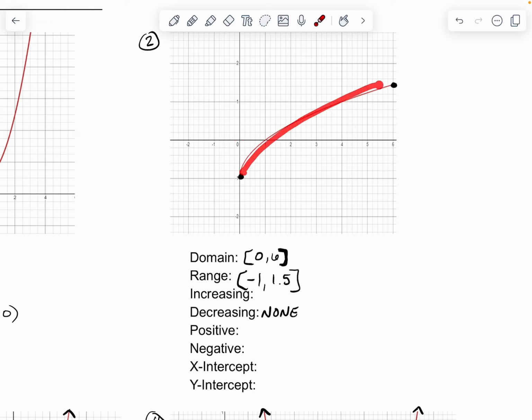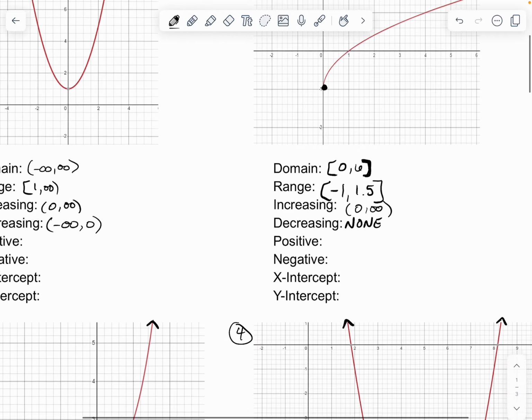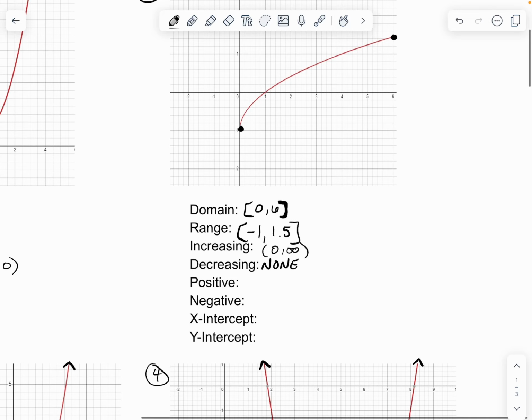Well, it starts increasing at 0, and it's going up until infinity. Okay, so we're going from 0 to infinity. You could probably make the argument that this could be a square bracket on the other side of 0. It's okay. I would take either one in this case.